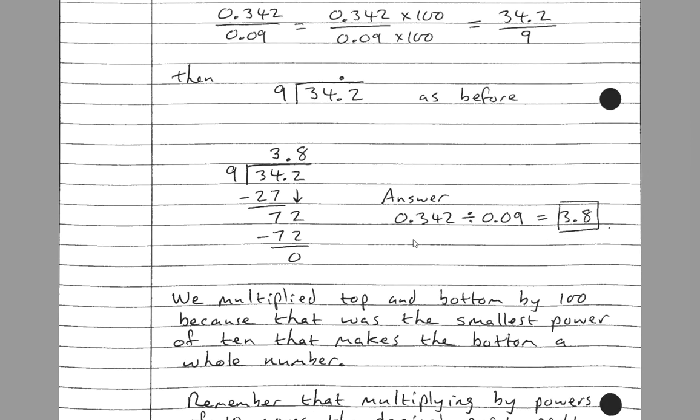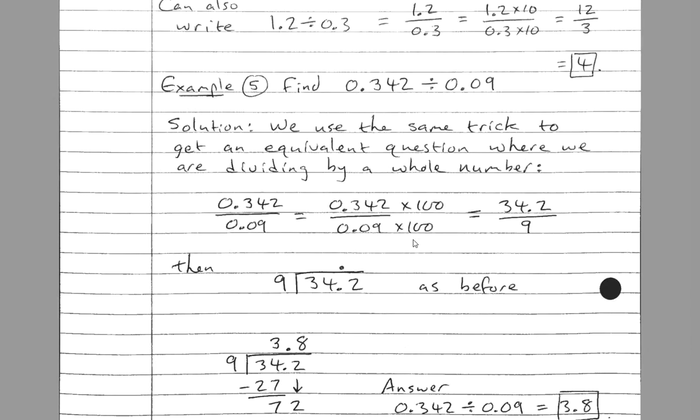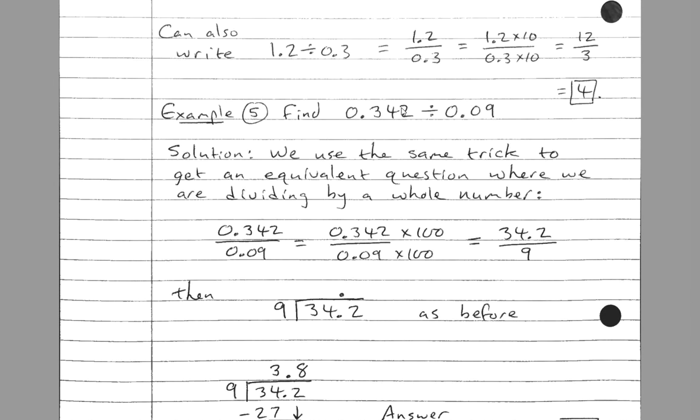So this is different from multiplication, where we had to add the number of places. There's nothing like that here. All right, so dividing a decimal by a decimal is just this extra first step to make the decimal you're dividing by a whole number.